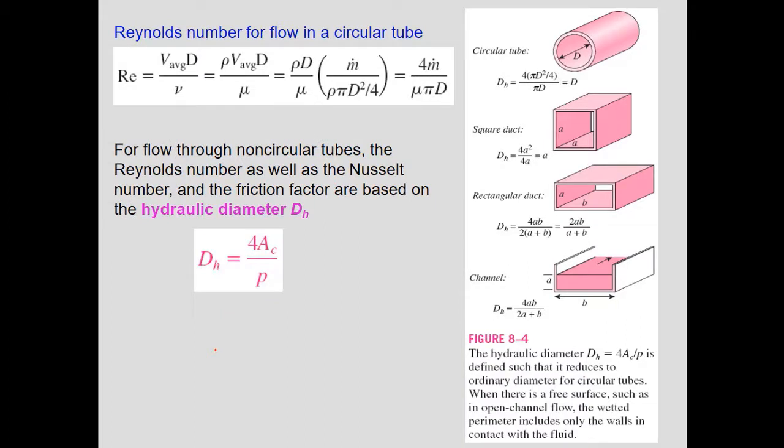So how can we calculate the Reynolds number in a circular tube? Please do not mix this Reynolds number with the Reynolds number we calculated for external flow. The appearance is the same, but it is different.